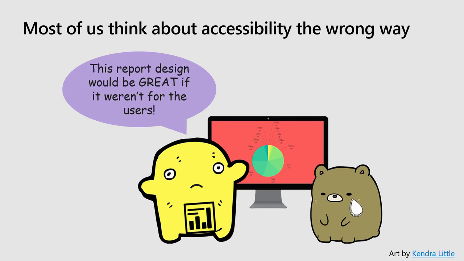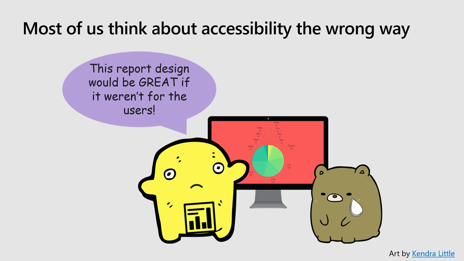So part of the problem with accessibility, especially in data viz, since not very many people talk about it, is that we build for ourselves. We build reports that work for us as report developers because that's really all we know, and it's human nature. It's not something that you or I in particular are doing wrong. We just go, oh, this report looks good for me and the way that I work.